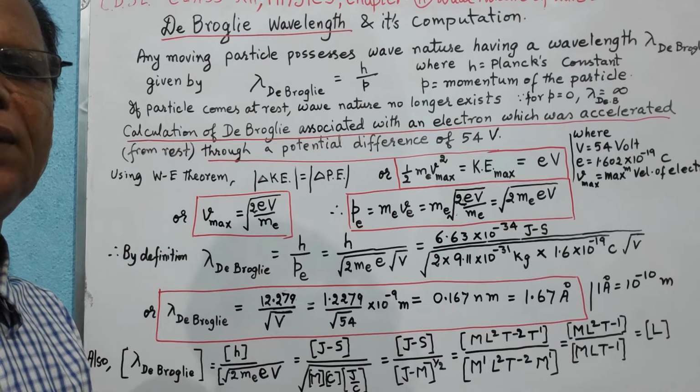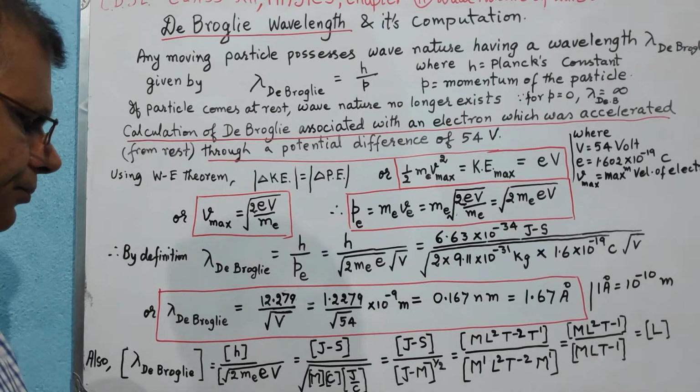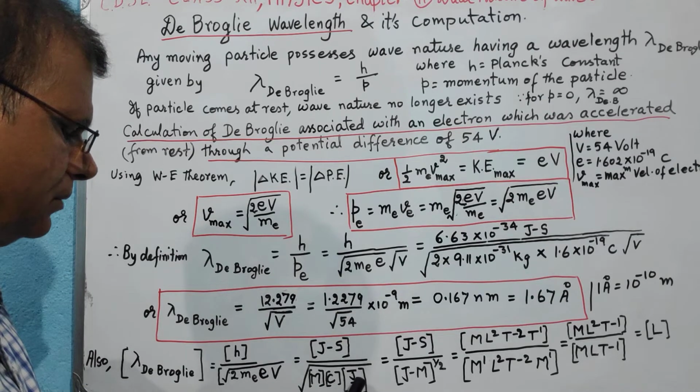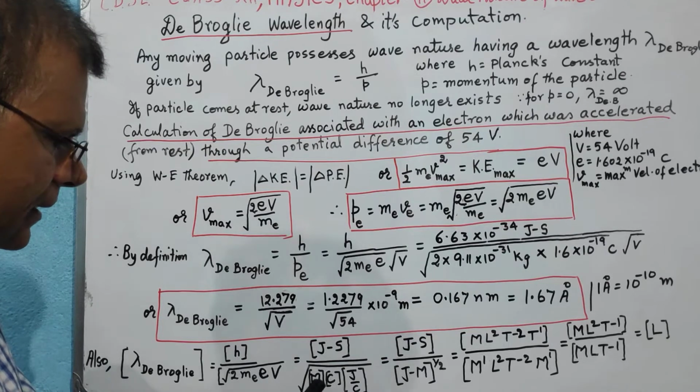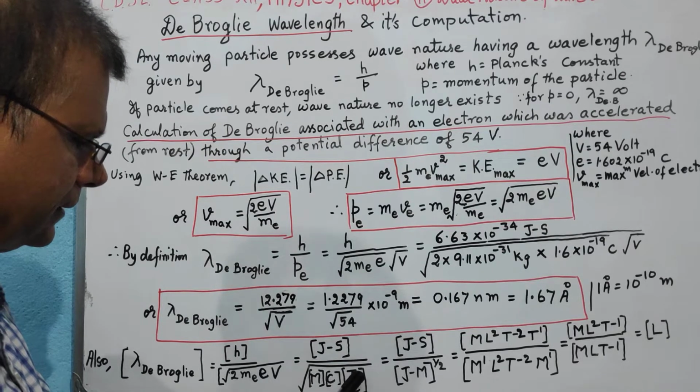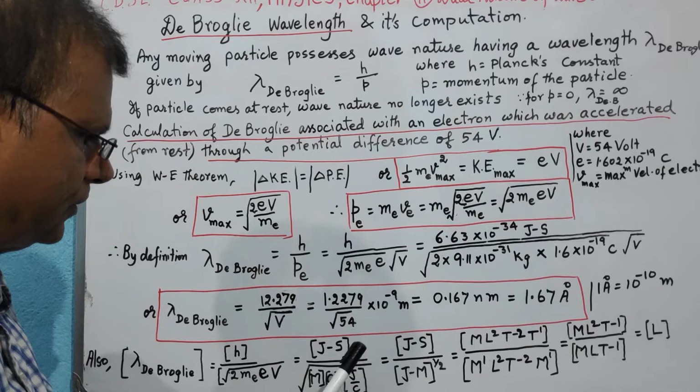Potential is defined as work done per unit charge. So work done per coulomb, that means joule upon coulomb, and so coulomb and coulomb cancel each other. We are left with dimension of mass and joule.